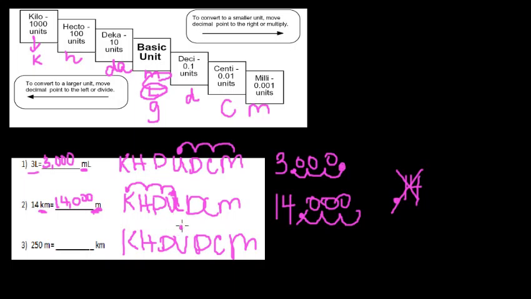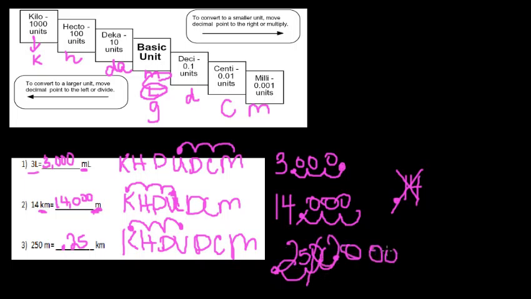So I'm starting here and I went 1, 2, 3 to get to kilometers. So take the 250 and I put the decimal and now I go back 1, 2, 3. That's it. You can leave it as 25 hundredths because that 0 doesn't have value. Remember, I could add on all those and it wouldn't matter.